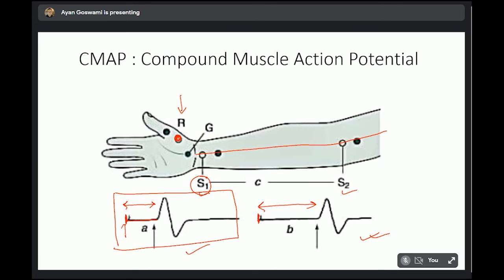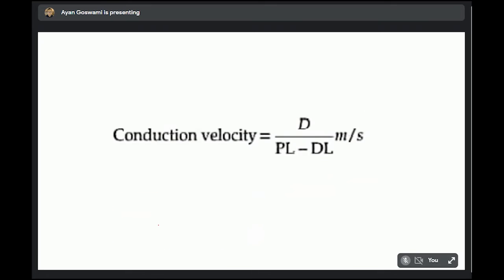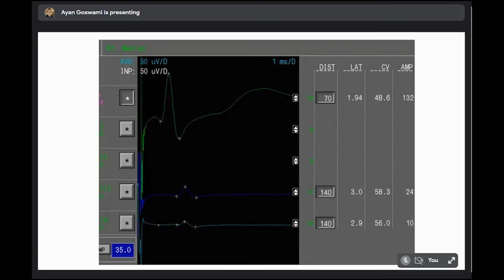This is the point of stimulus and you are getting the spike starting from here, just like the PR interval in ECG. I am showing you on the computer screen how it looks. This is the curve we get, the compound muscle action potential, right?